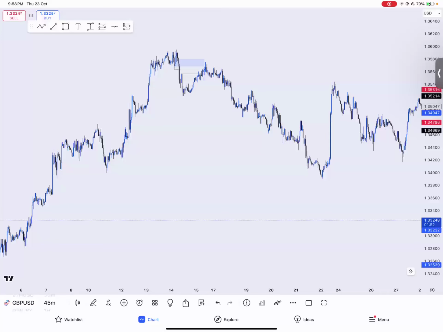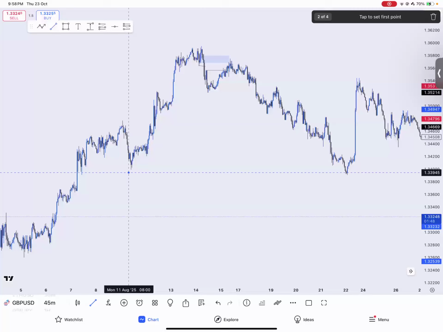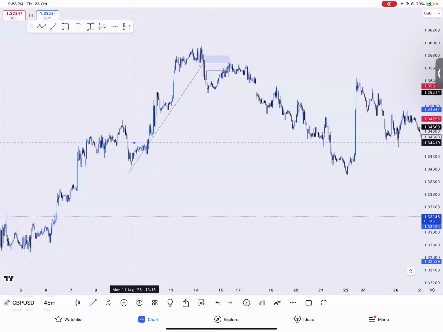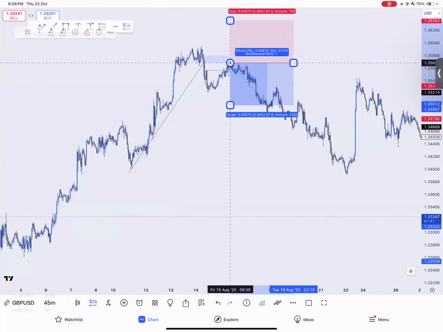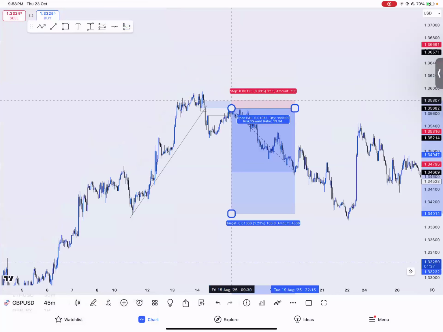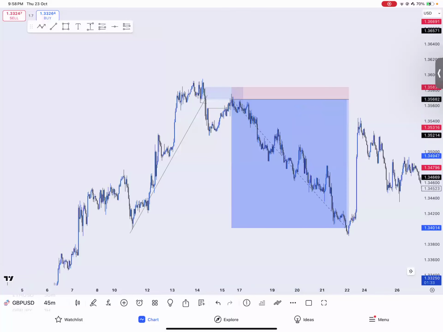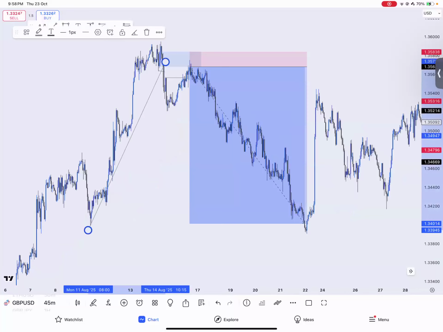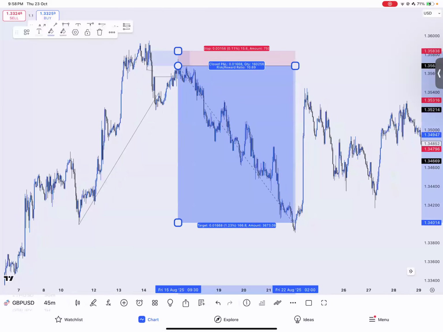Oh, I'm so confused. Bam, trendline liquidity. See where the trend originated from.